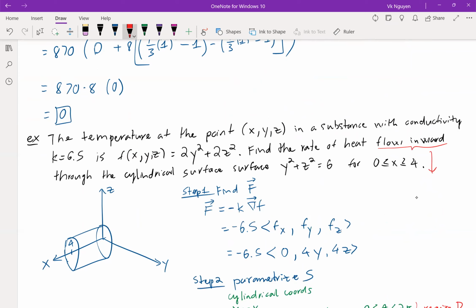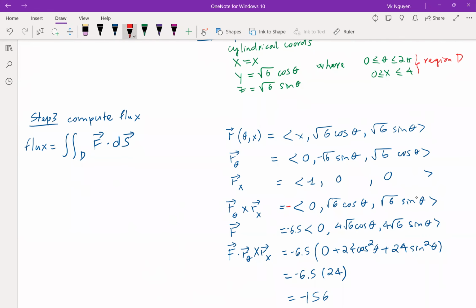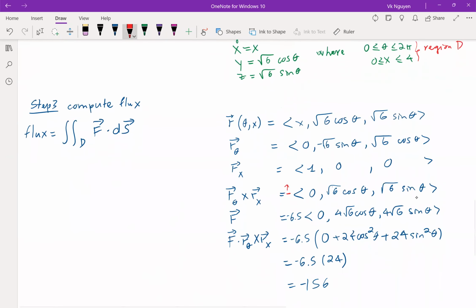Normal vector pointing downward. Normal vector pointing down, that means the normal vector, r_theta cross r_x, is negative, because the flow is inward.